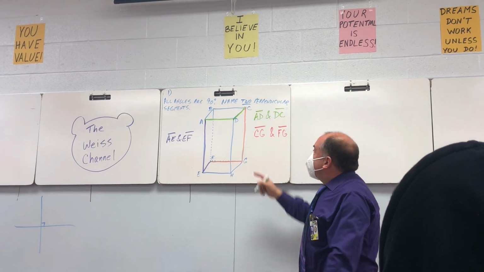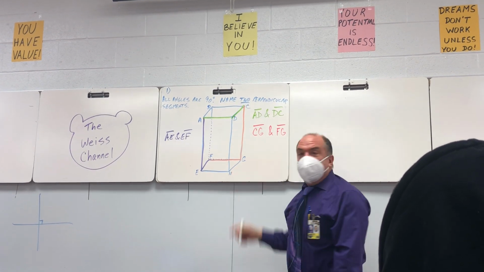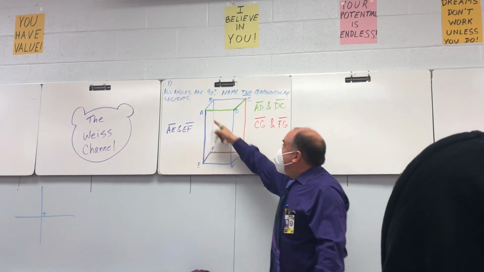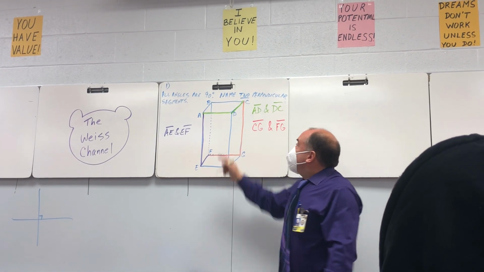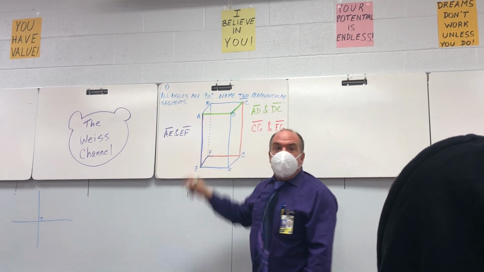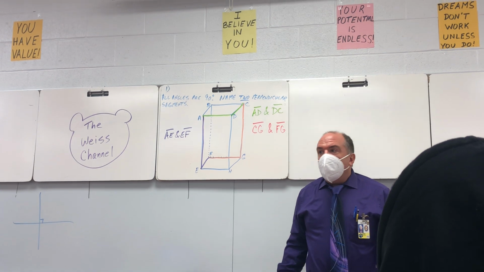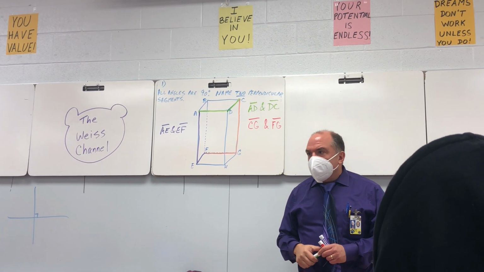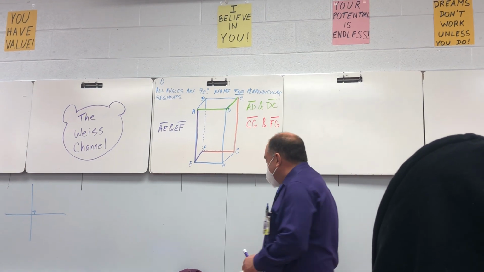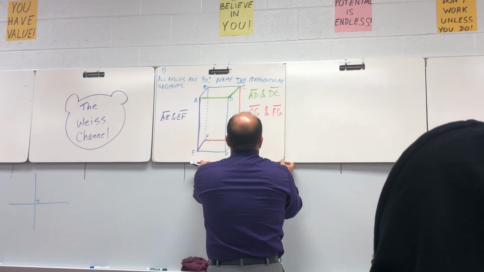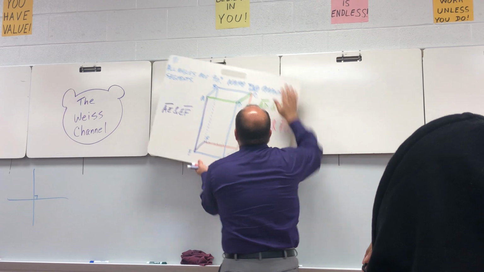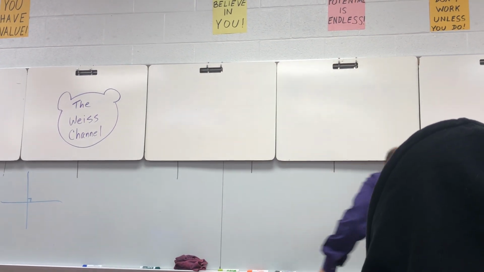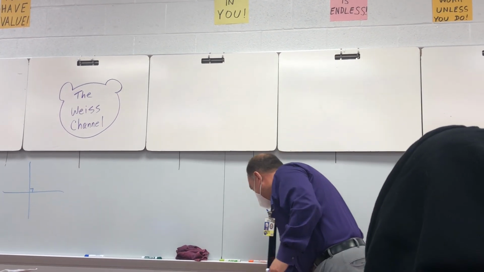You could have said AD and DH, AD and AE, or AD and AB. All those are perpendicular. Can I have a nod of the head if you understand what I'm talking about? Very good. Okay. Next.